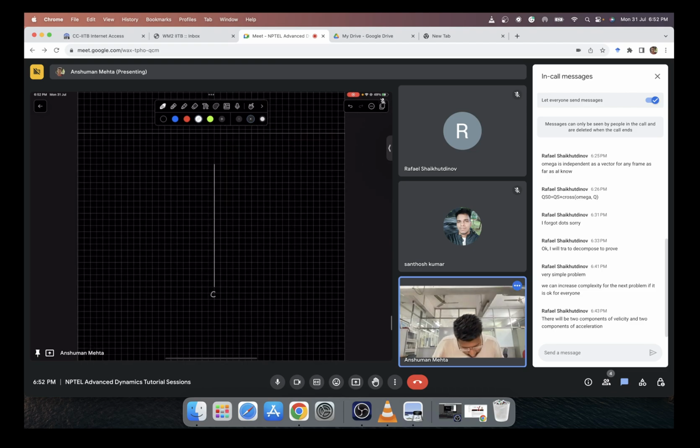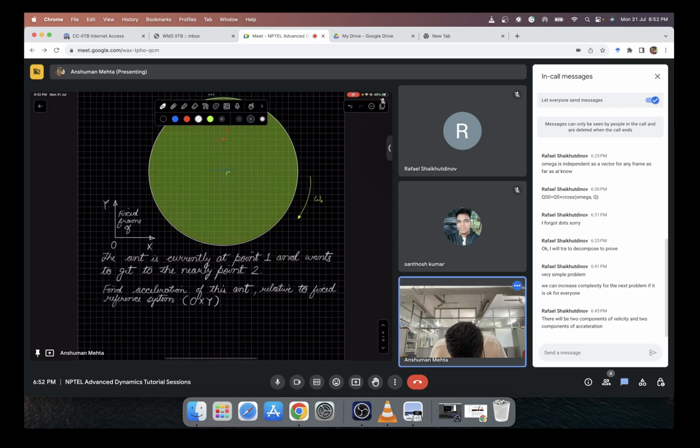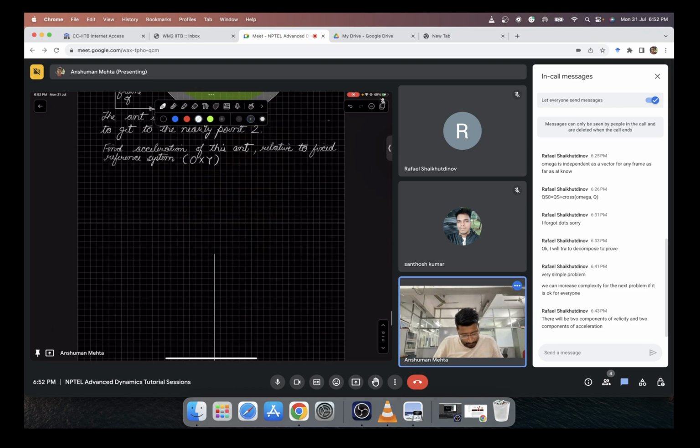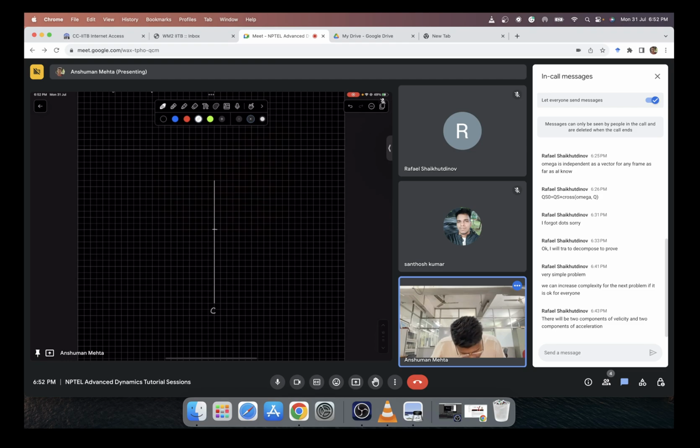This is the center of this circle, and let's say this is point 1, this is point 2, this is the radius, this is the distance from the center to the initial point of the ant, and this is delta r, which is the change in radius, in position.